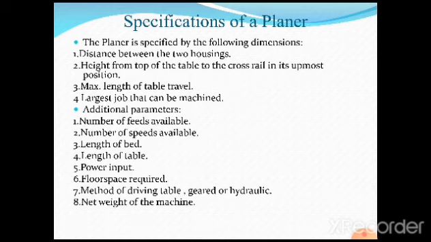As we know, the size of the planer is considered by taking into account the width of the table. If the width of the table is higher, then the distance between the two housings is larger. That is why the distance between the two housings is considered. Housings are nothing but the columns provided on the two sides of a bed.